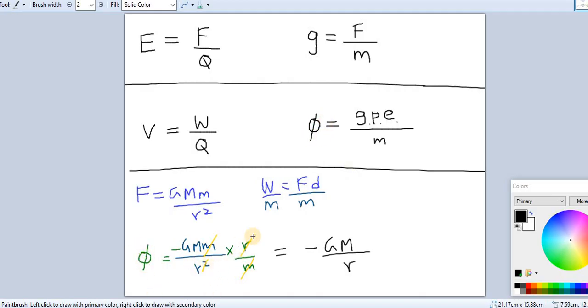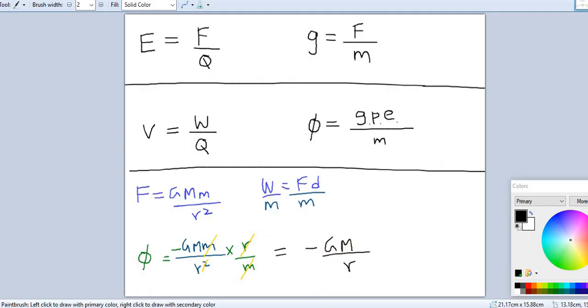Then I simplify: one r here cancels out with one r there, and m cancels, and I put a negative sign because when it comes from infinity towards the body, let's say for example the earth, the gravitational potential energy and gravitational potential become more and more negative, because work is done by the earth on that object when it comes towards the surface of the earth from space.